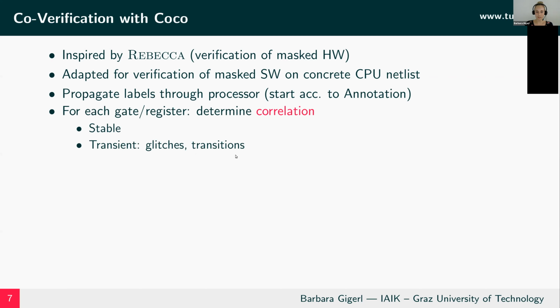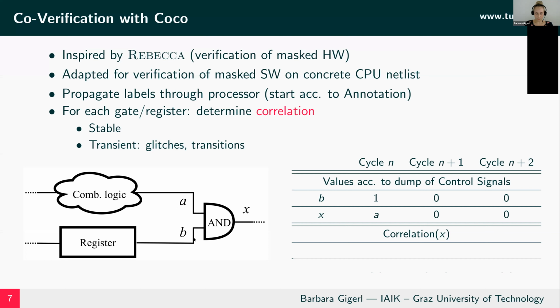Let's have a look at a short example. So here you see a circuit, which consists of wire A, which comes out of combinatorial logic, and a wire B, which comes out directly of a register. And both inputs then go into an AND gate. And in this case, the value B would be our control signal.